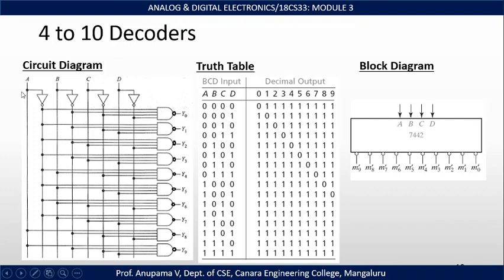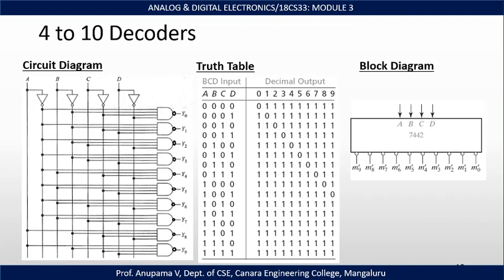If you observe the circuit diagram, the 4 to 10 decoder has 4 inputs, that is A, B, C and D, and 10 outputs Y0 to Y9. So the minterm values are M0, M1, M2, M3 up to M9. The minterms M10 to M15 are invalid in a 4 to 10 decoder.